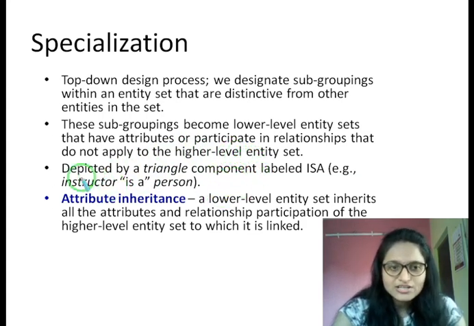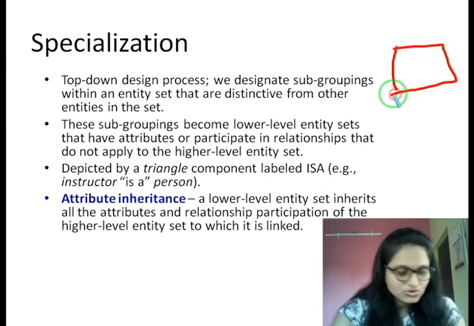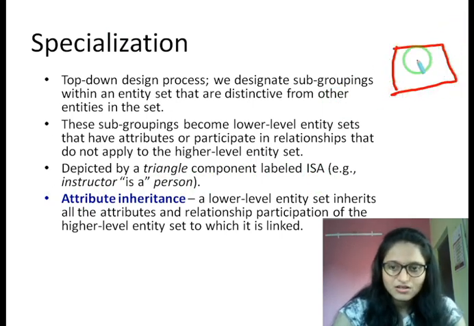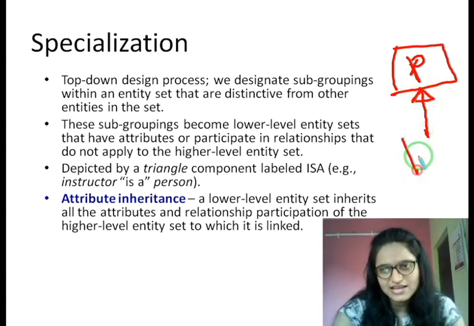So dear student, it is depicted by the triangle component labeled as ISA, that is, an instructor is a person. Again I repeat, this is a person, this is the triangle, see here, this arrow ended with a triangle. This is termed as specialization.